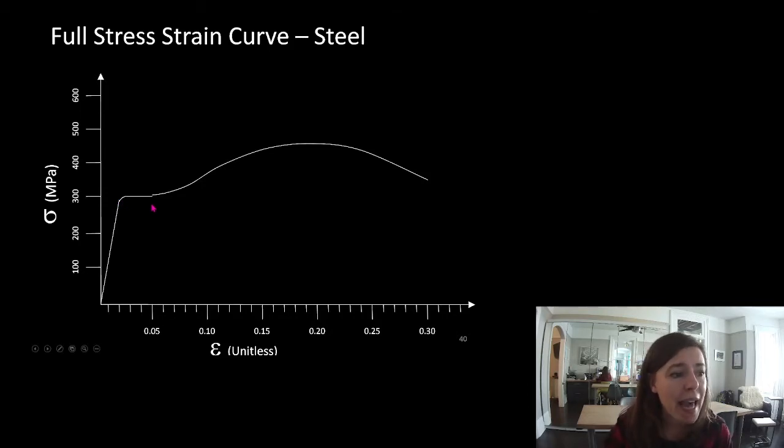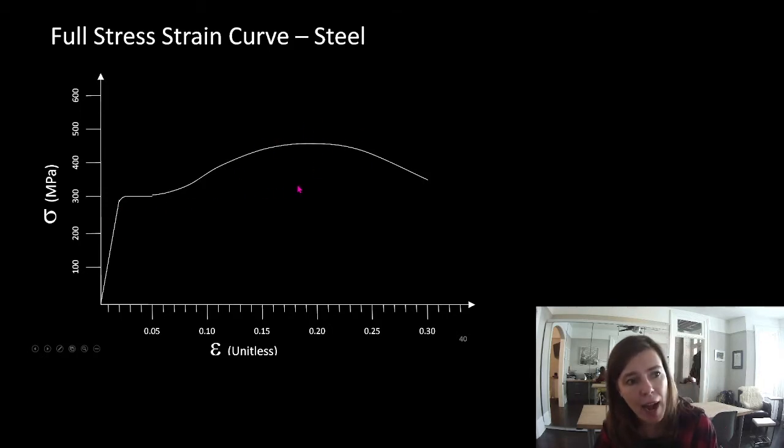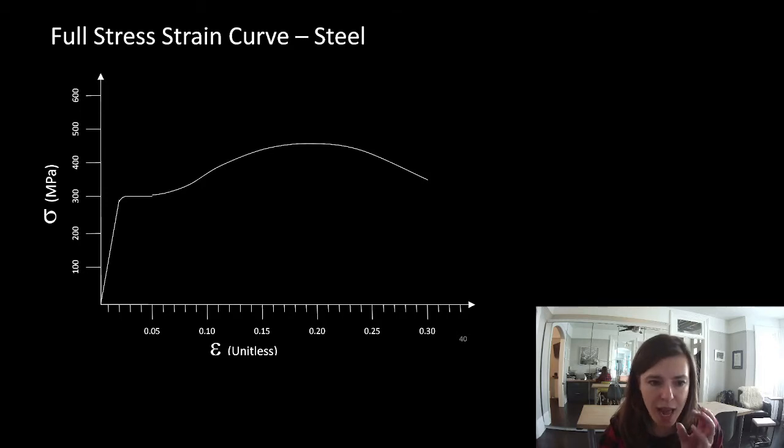If we set our yield stress as the maximum we ever want to see in a building, but we know that it can take a little bit more stress than that, we've got a buffer built in for us, which is really handy. Now, there would be a lot of permanent deformation because look at everything that happened here to get to that. So it's not great. We don't want to have to do that, but maybe we can isolate that into specific spots to absorb a lot of energy.